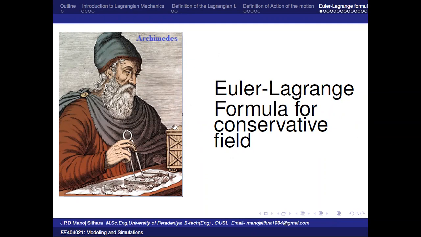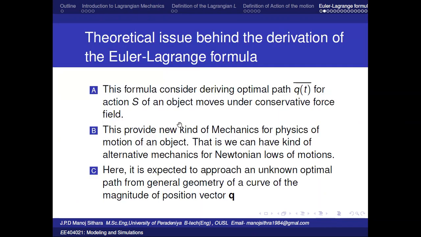After the major breakthrough in the works of Lagrange, we introduced Lagrangian mechanics. The Euler-Lagrange formula is a statement, just as we use F equals ma, but for different parameters.